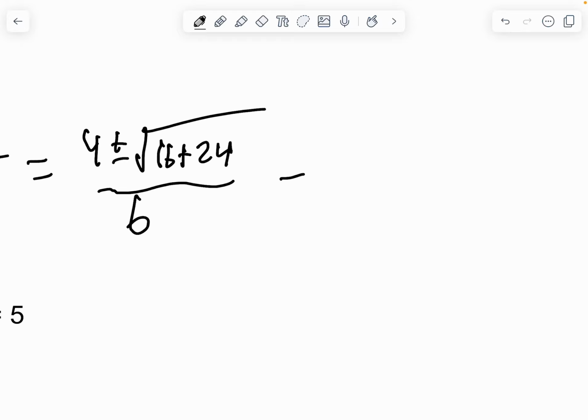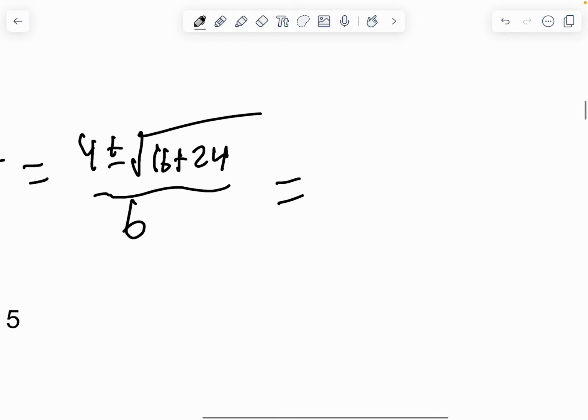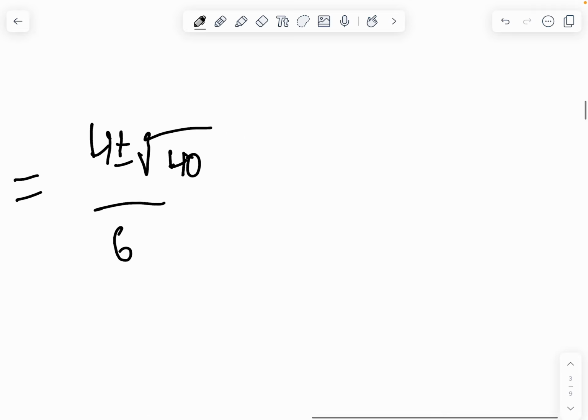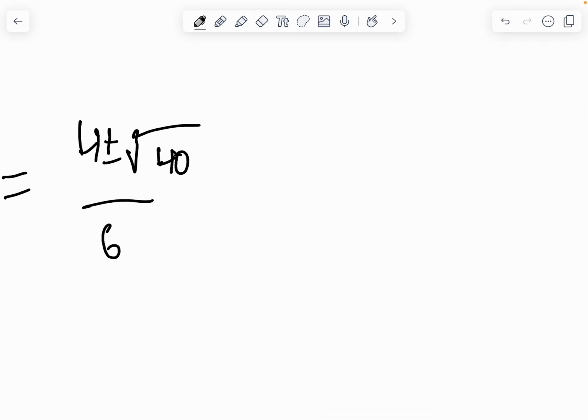So we can pull out a 4. So it's going to be 4 plus minus square root of 40 over 6, which is simplify square root of 40, which is 4 and 10.